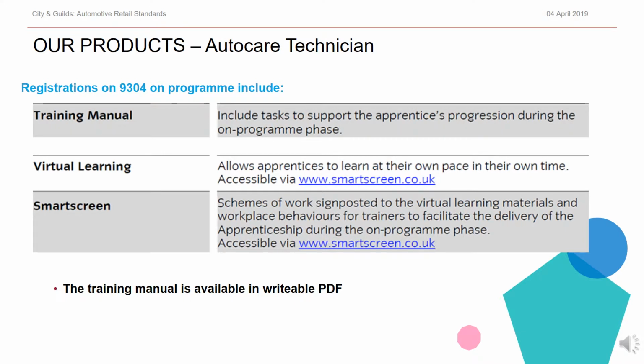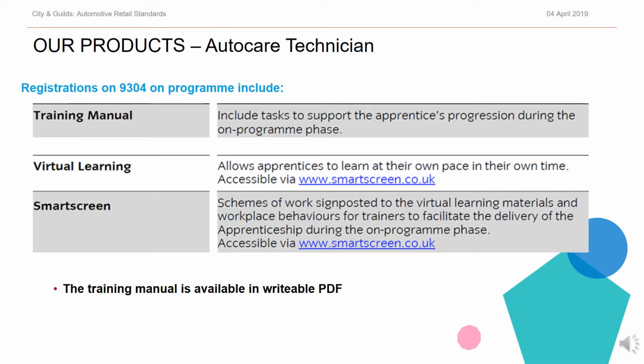This is a summary of our on-program offer for this particular apprenticeship standard. We use the Smart Screen code 9304 for this on-program product. So what's included? Under 9304 you will have access to an apprenticeship training manual for each learner, also available in writable PDF, virtual learning on our Smart Screen platform through our partner Electude, along with schemes of work signposted to the virtual learning.